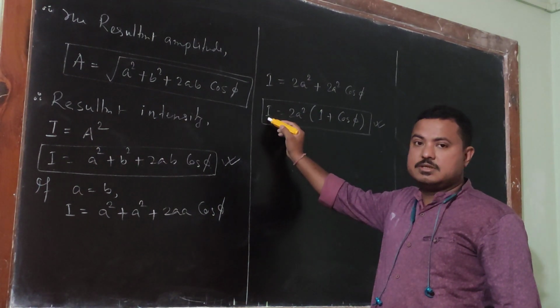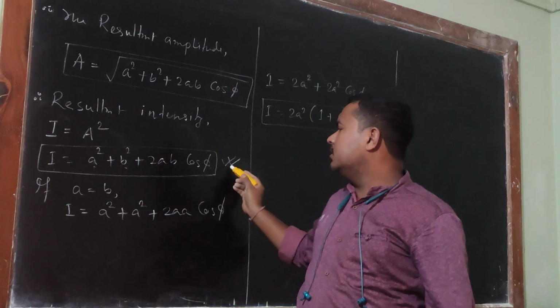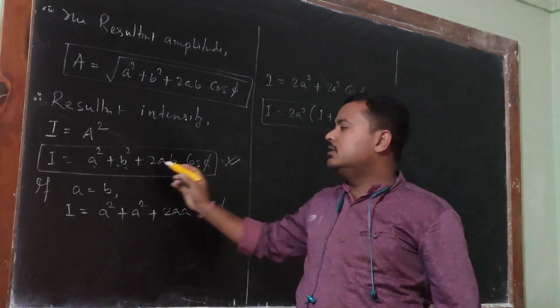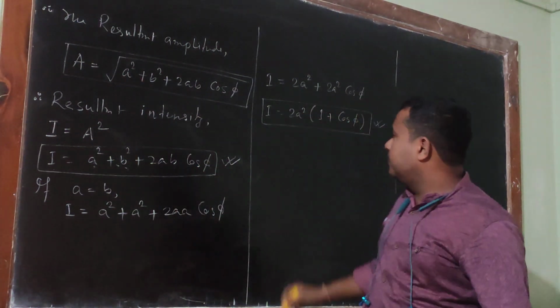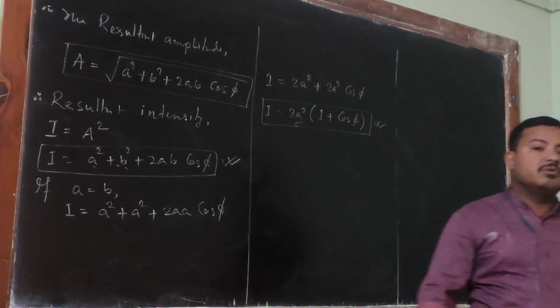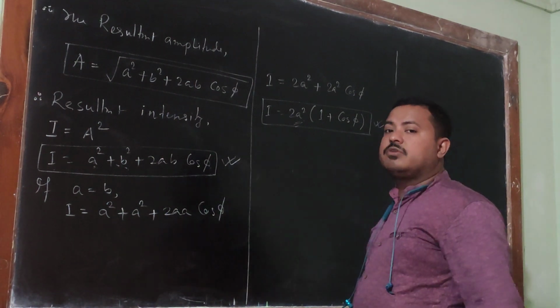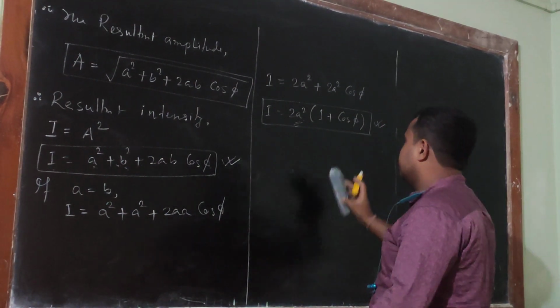Use this equation. And if amplitudes are different, then use this formula. This is for different amplitudes and this is for what? Equal amplitudes. So now we have the expression for what?